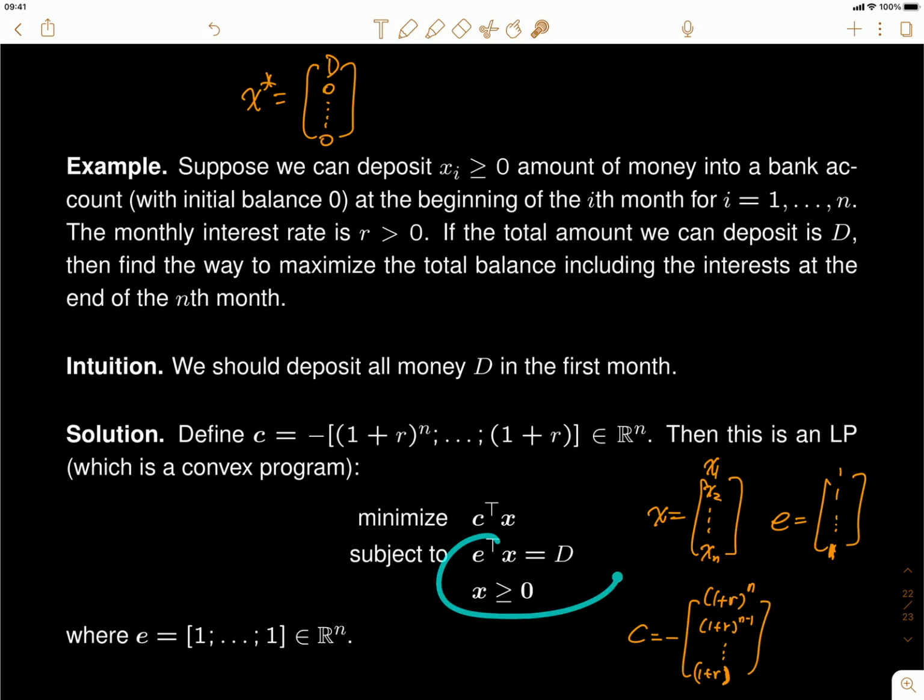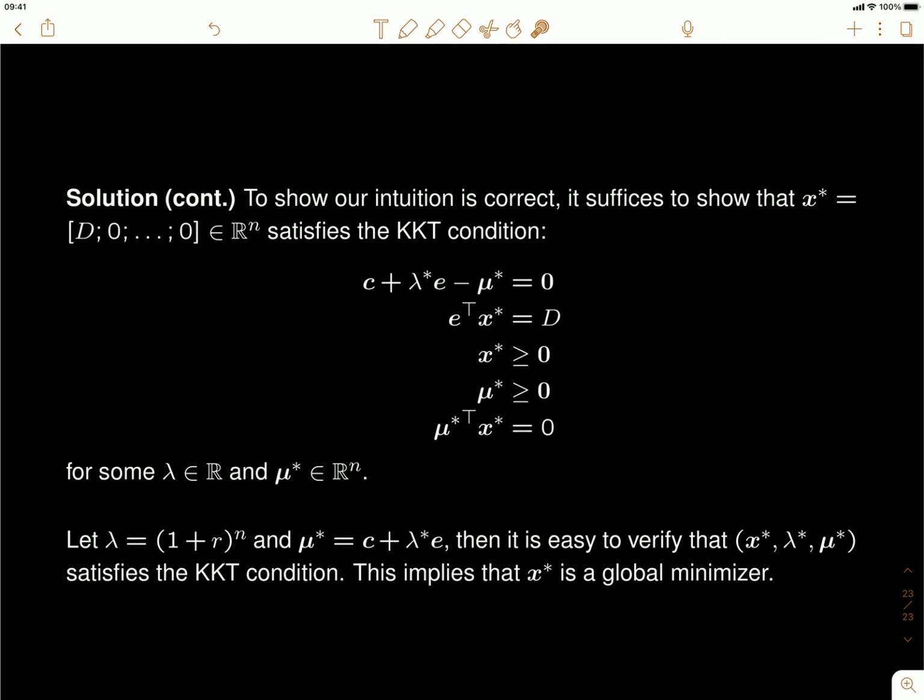And let's see what the lambda star and mu star should be. Now let's set lambda star to be 1 plus r to the power n, and the mu star to be this.